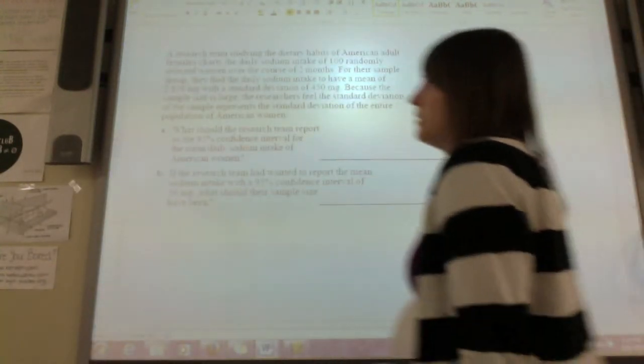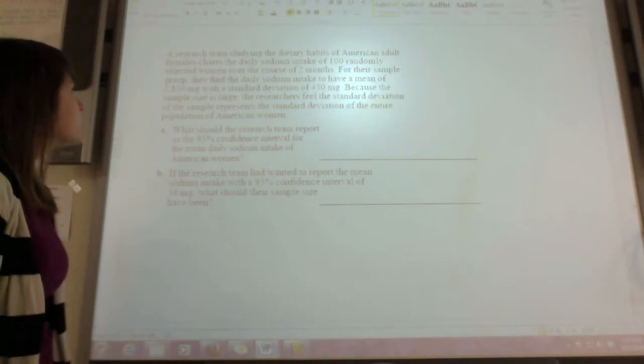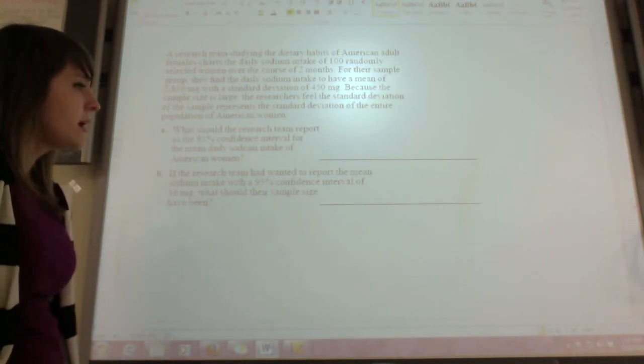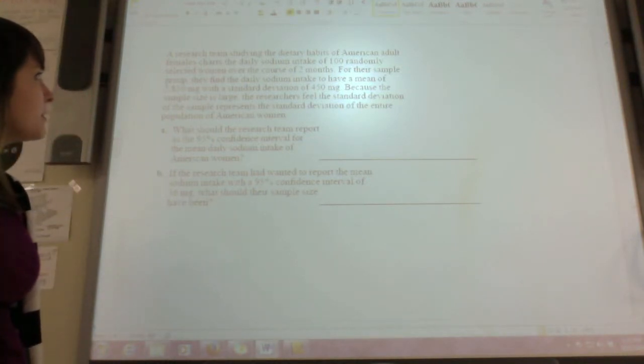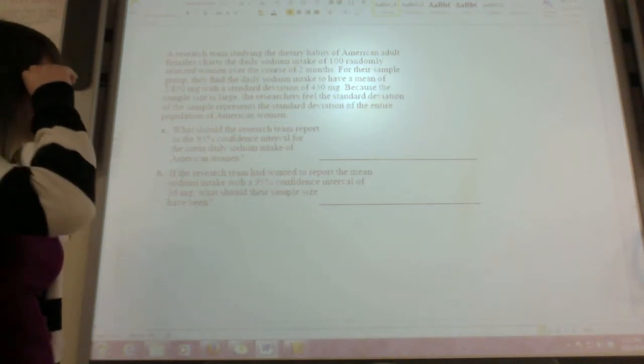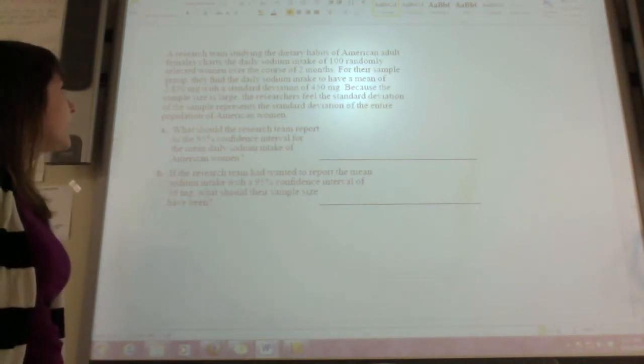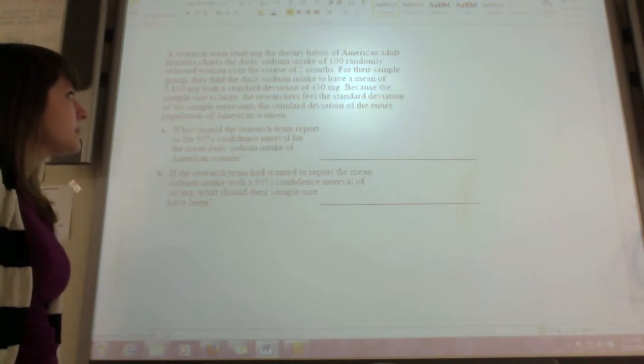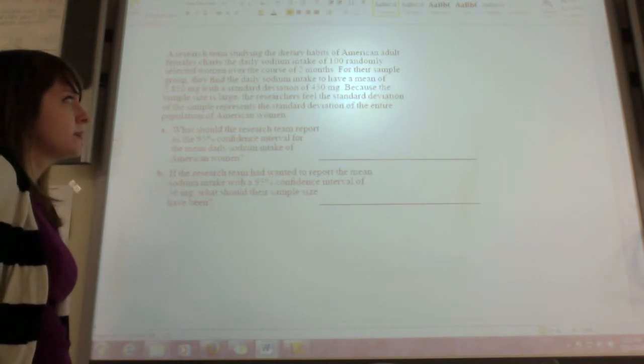Alright, let's do a problem. A research team studying the dietary habits of American adult females charts the daily sodium intake of 100 randomly selected women over the course of 2 months. For their sample group, they find the daily sodium intake to have a mean of 2,850 milligrams with a standard deviation of 450 milligrams.